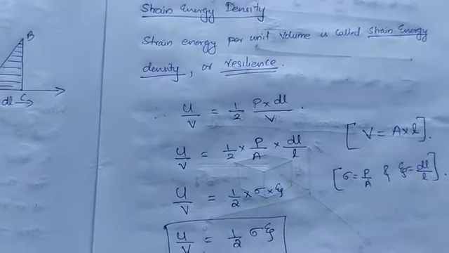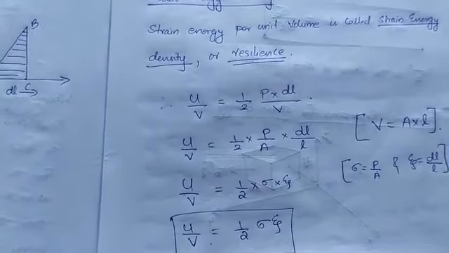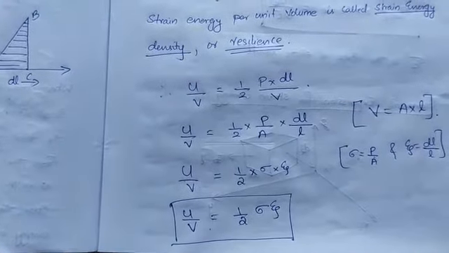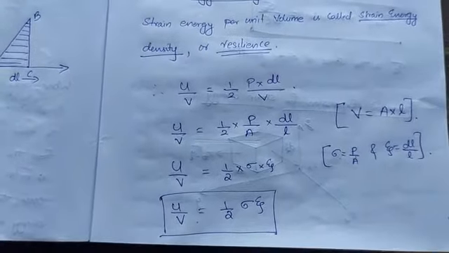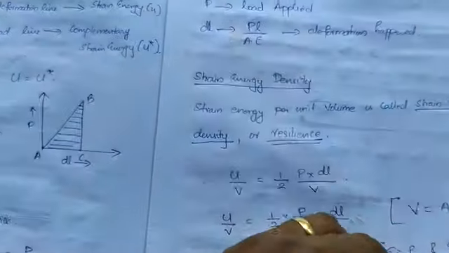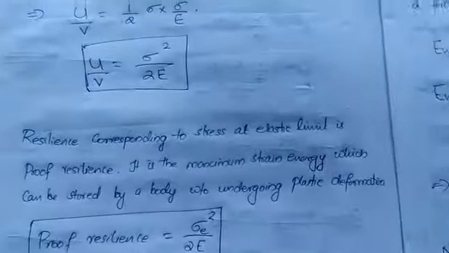You will get 1 by 2 into stress into strain. So strain energy density is given by 1 by 2 sigma epsilon.